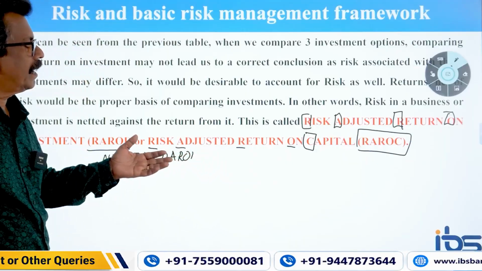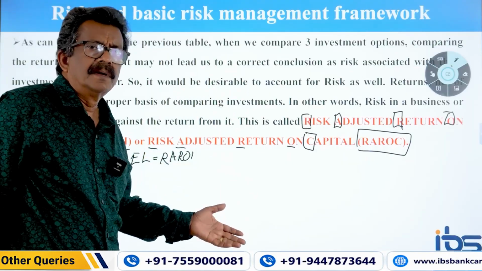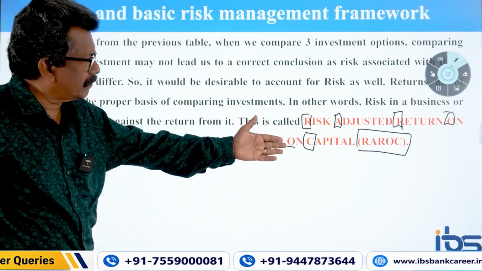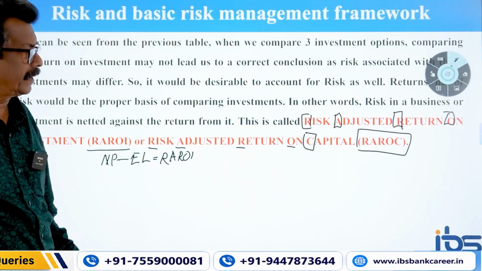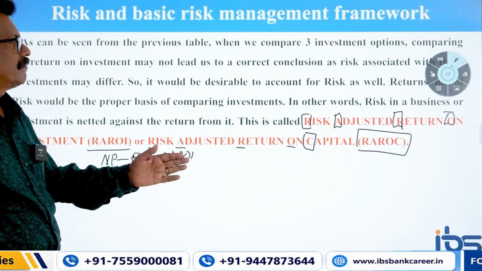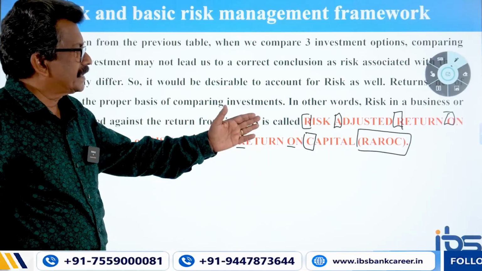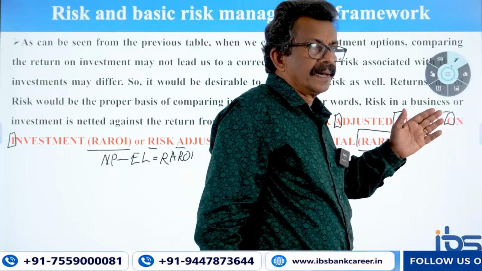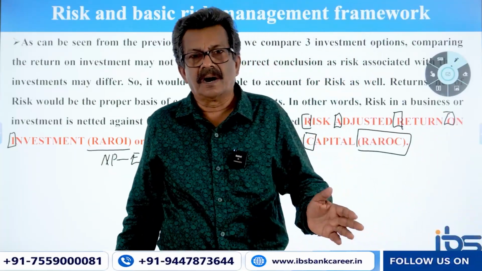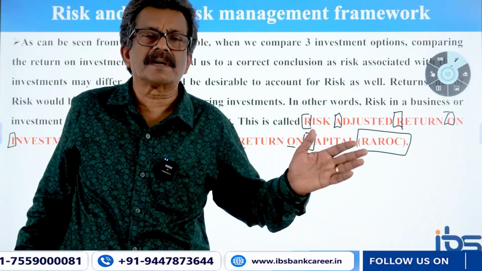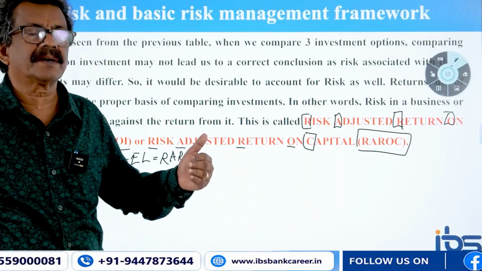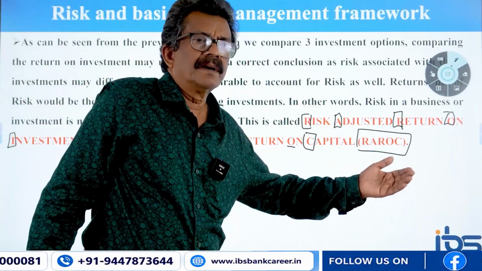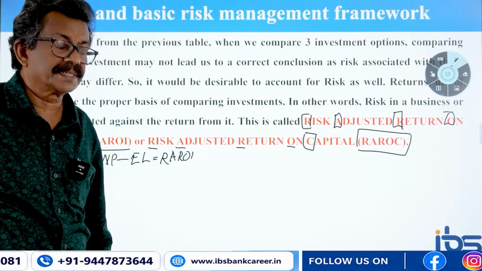Why do banks always calculate, arrive at the RAROC, publish and disclose it? Because the investor will come to know the financial position of that company: how much risk they have adjusted, how much is the net profit even after adjusting the risk, whether they have come out with a sufficient percentage of risk adjusted return.